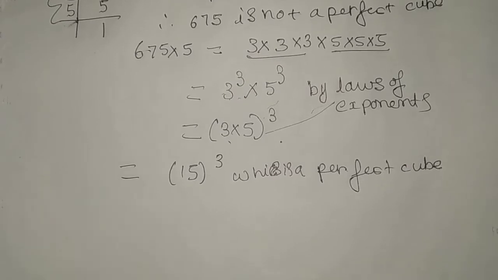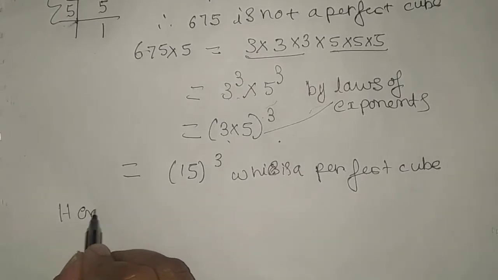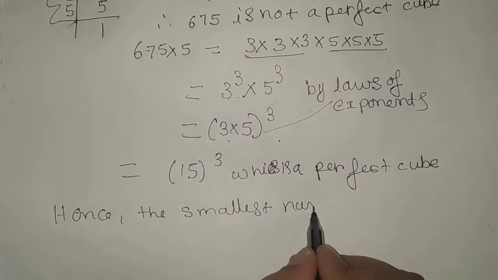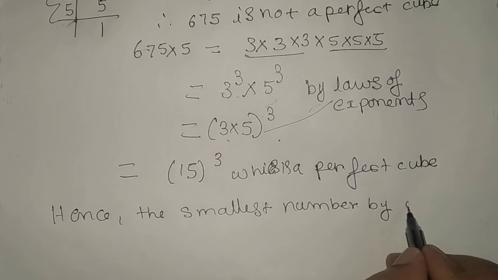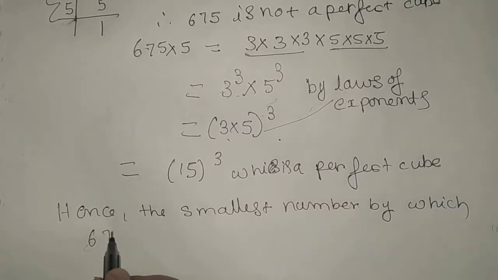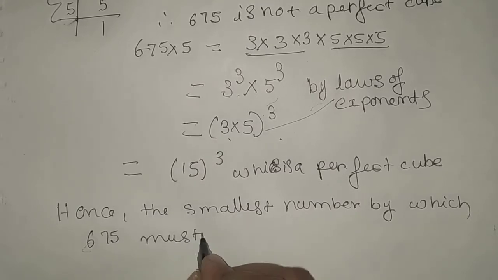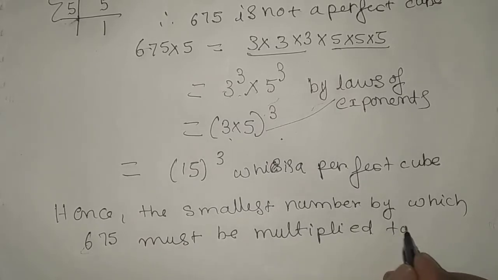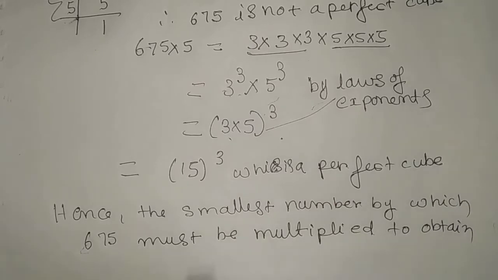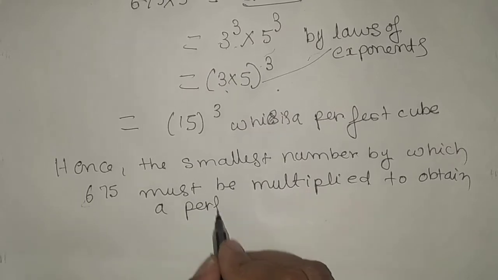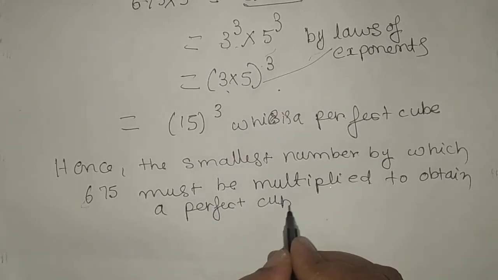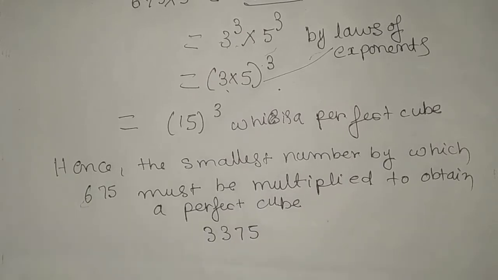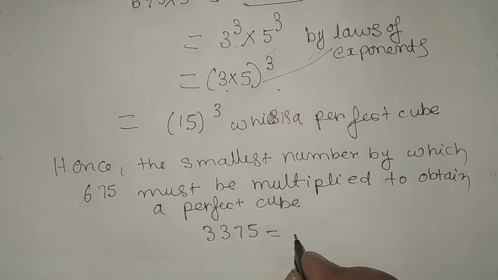Hence the smallest number by which 675 must be multiplied to obtain a perfect cube is 5. The resulting perfect cube is 3375, that is 675 into 5, which is equal to 15 cube.